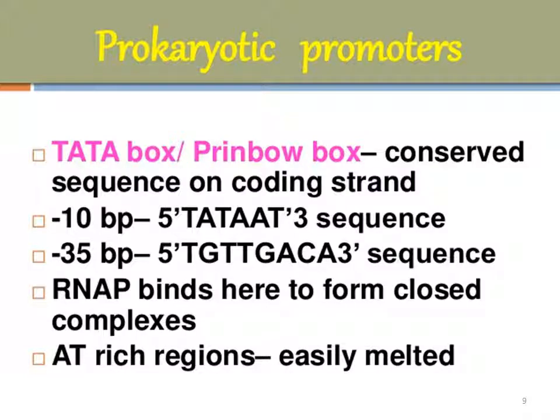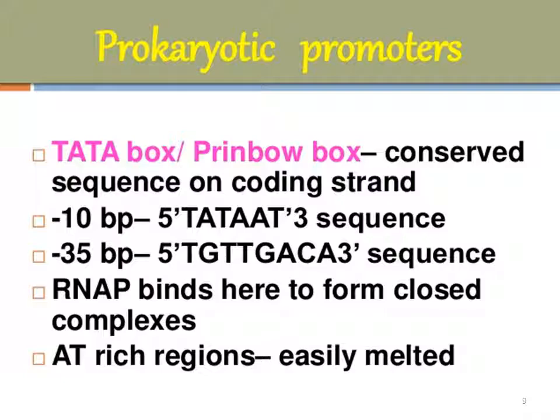So prokaryotic promoter regions are specific or conserved sequences which contain sequences like the TATA box or Pribnow box. These are actually conserved sequences of nucleotides which are present in the promoter region of prokaryotic cells, prokaryotic DNA.